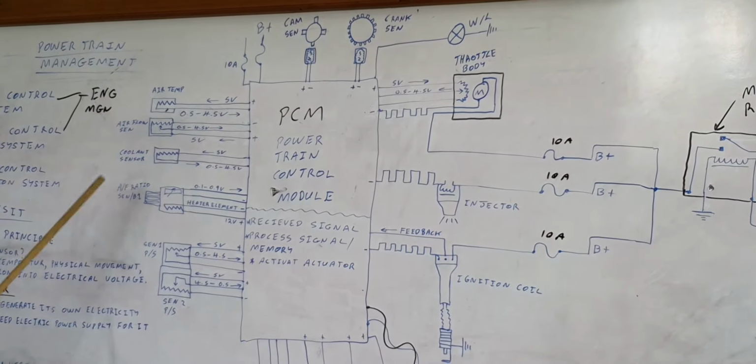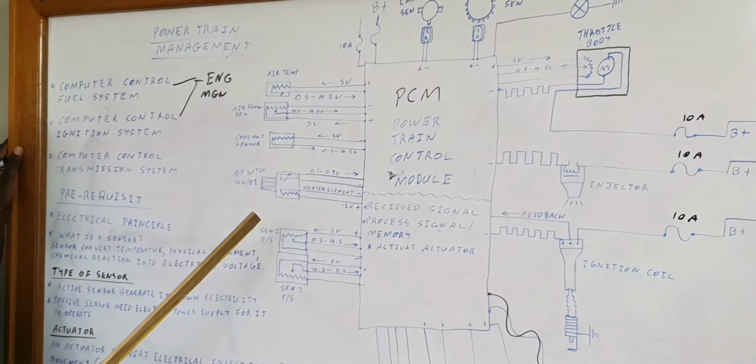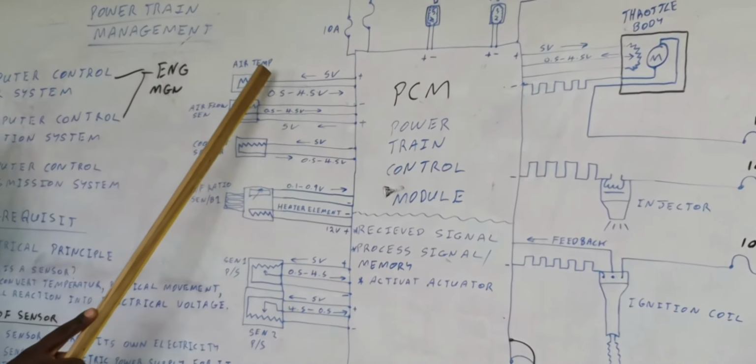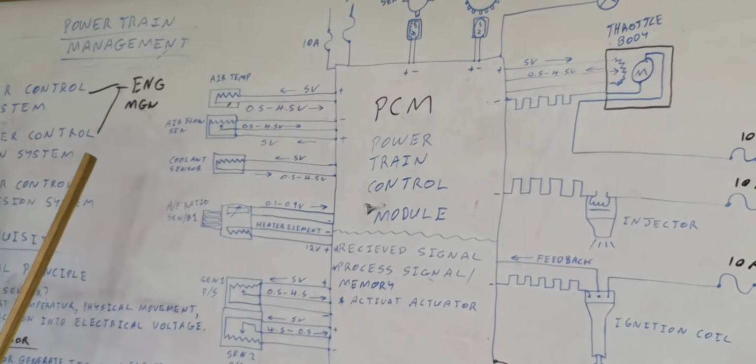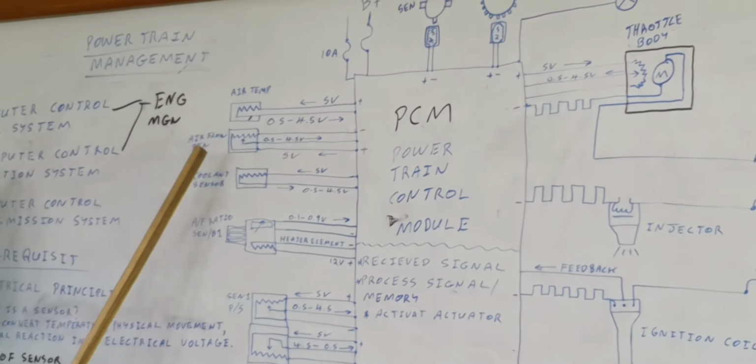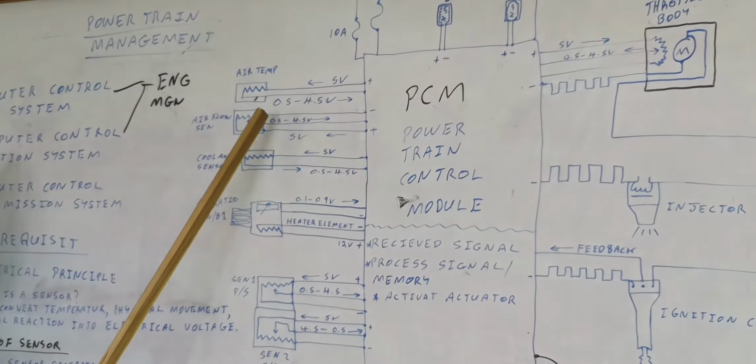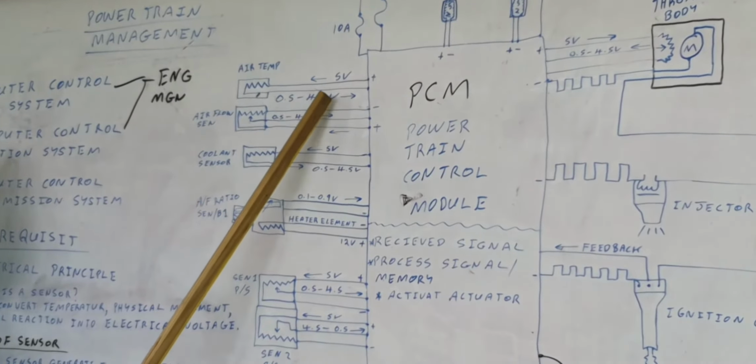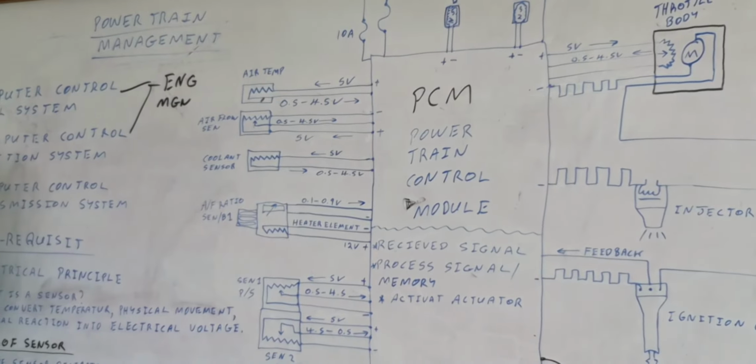So here we have now our air temperature sensor, and typically we have 5 volts coming out of the air temperature sensor. Because this is a variable resistor, thermistor principle, a temperature-sensitive variable resistor, you will have a 0.5 to 4.5 returning back to the ECU.